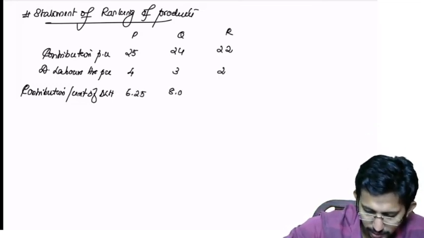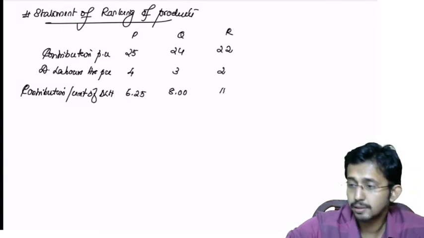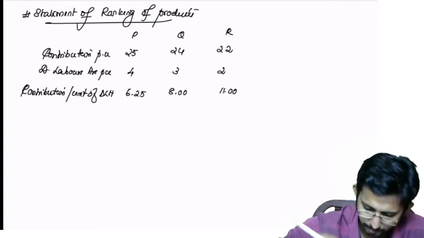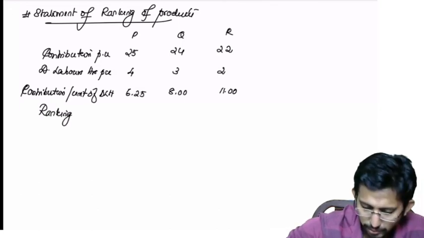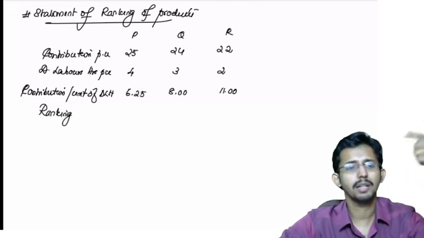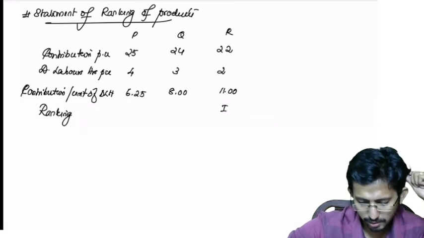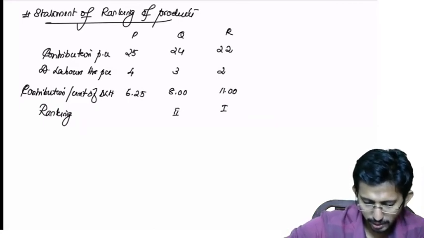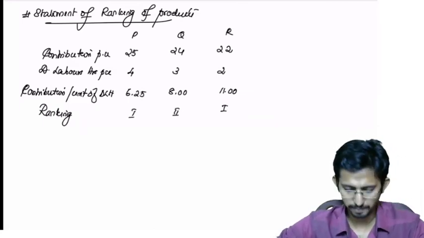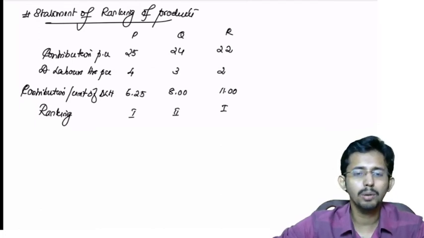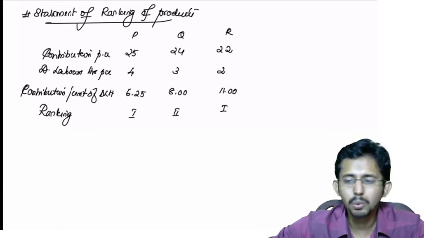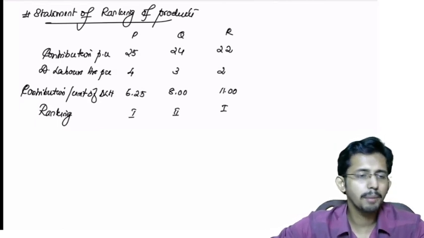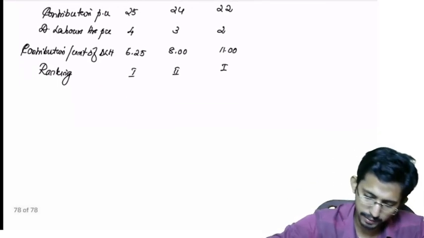This is 8 and this is 11. Now rank. First rank will go to the highest, that is R, followed by Q, and third for P. Okay, so this is the order of the ranking. Now after doing the ranking, what do you have to do? You need to compute the statement of optimum production plan.